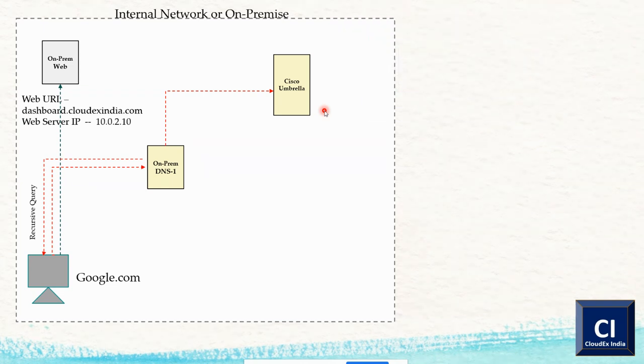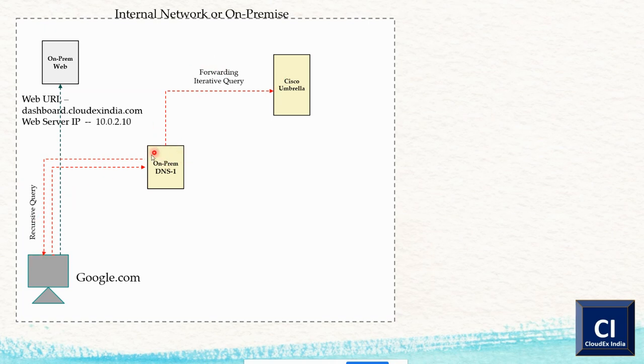So the moment you reach the Cisco Umbrella, what does it do? It looks at your query, which is google.com. This DNS server says, hey, I don't know google.com, but I know a server that can help me resolve your query. So it sends a query to the Cisco Umbrella, and that query is known as an iterative query.